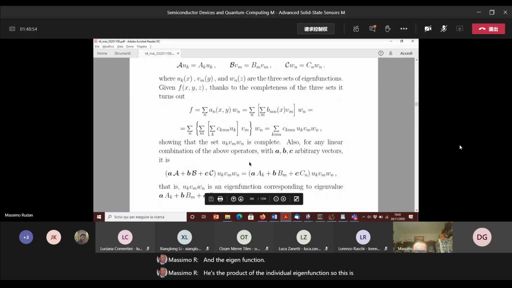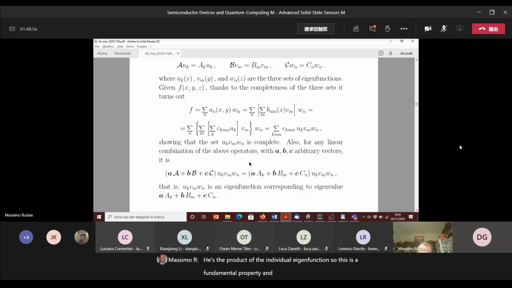So this is a fundamental property and very useful from the practical viewpoint. When an operator is separable, the eigenvalue is the sum of the individual eigenvalues of each individual piece of the operator, and the eigenfunction is the product of the individual eigenfunctions. Keep this in mind because we shall use this on other occasions.